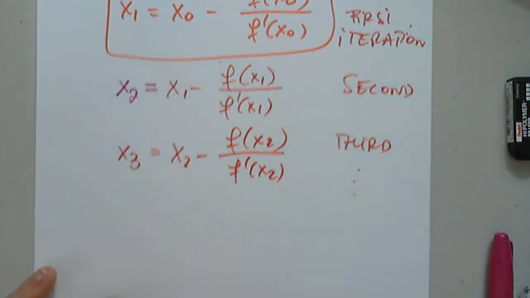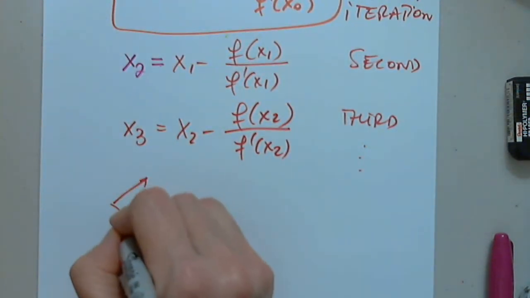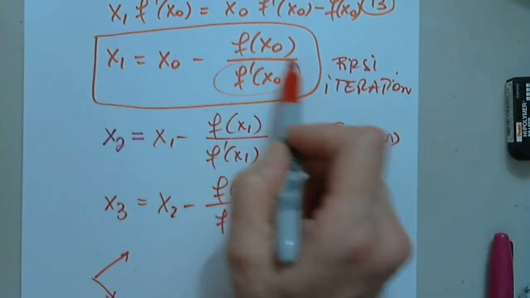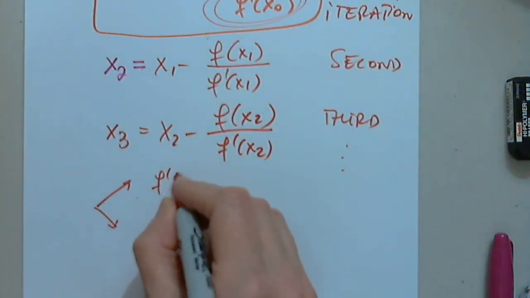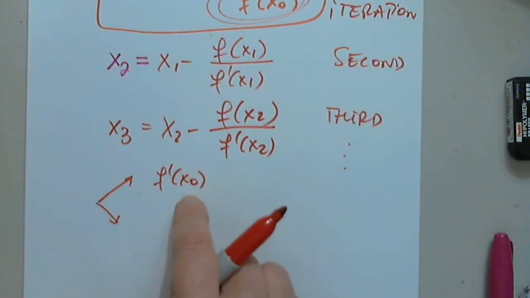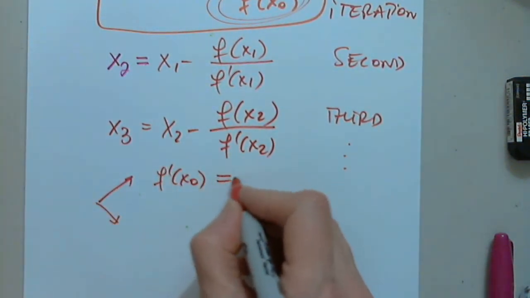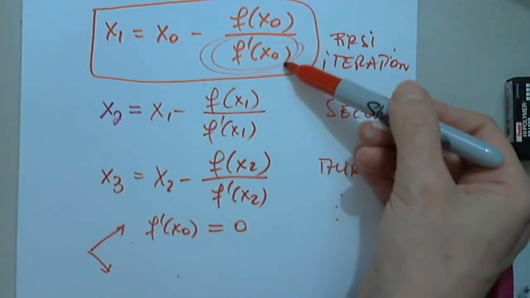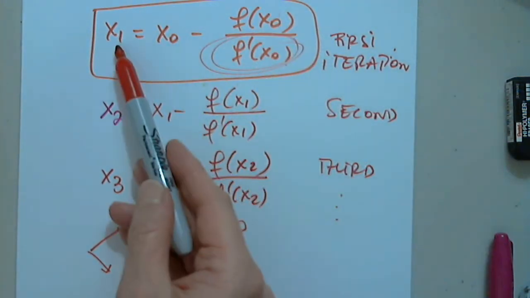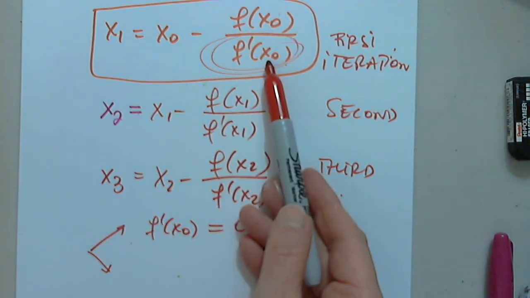That's it. Two potential problems here. Make sure that you do not pick an initial value that makes this 0. That would be terrible. You're not going to be able to do anything. You're not going to be able to get x1 because this will be undefined.